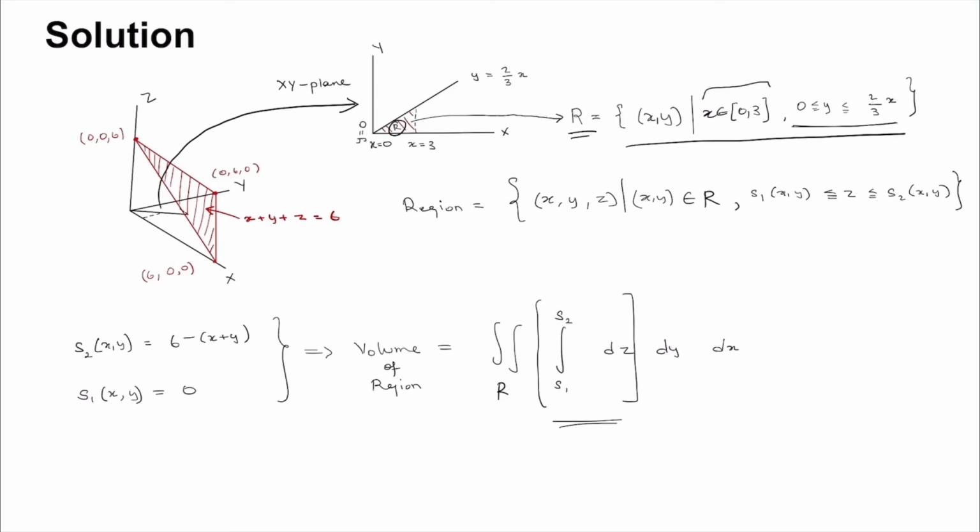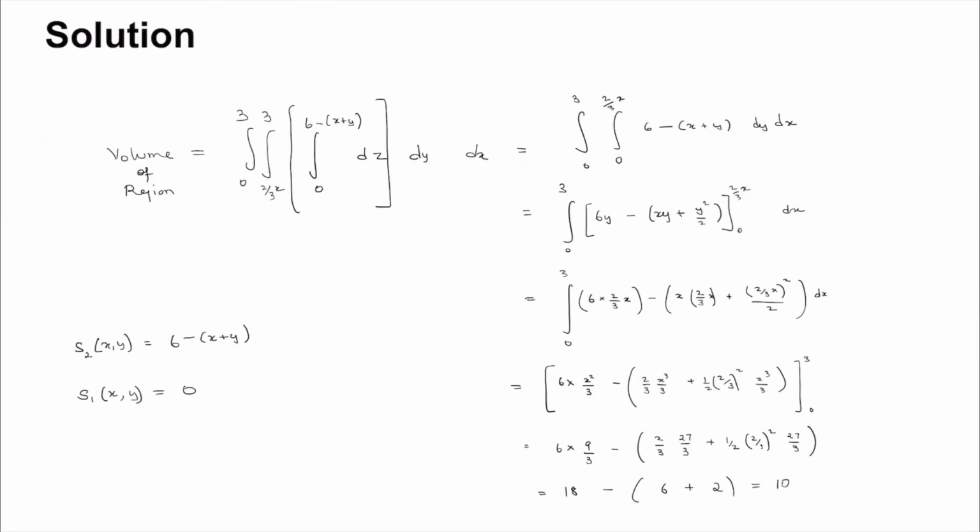So with all the necessary setup finished, we can go ahead, put in the values and compute this volume. This is the dA portion and this is the inner dz portion.